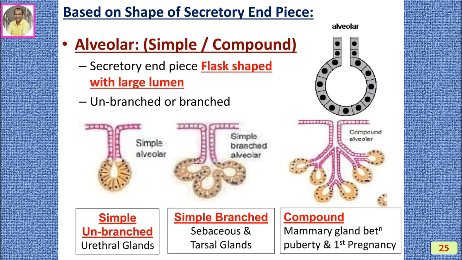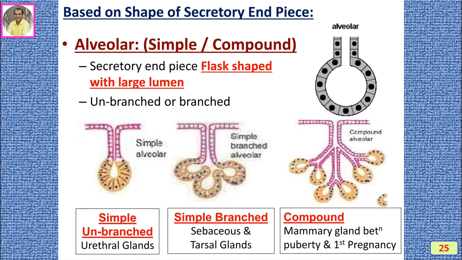So many classifications are there, whereas the alveolar glands are simple and also compound, and the secretory end piece is flask shaped with a large lumen, and unbranched or branched, both types are there.